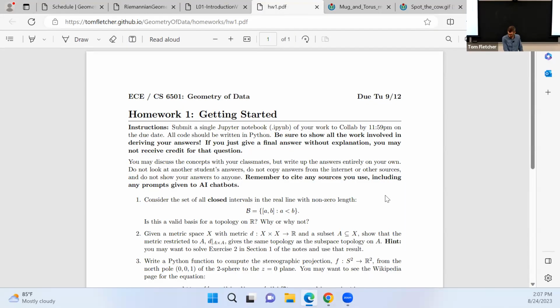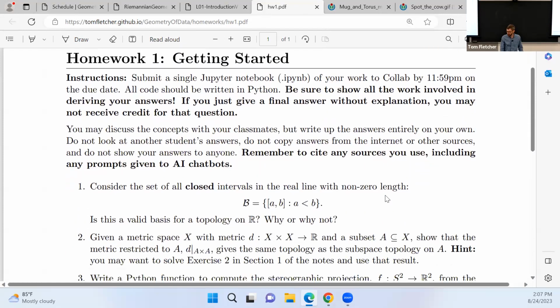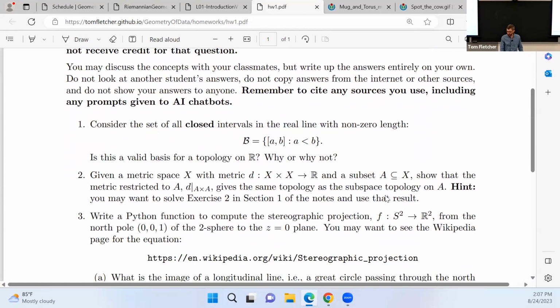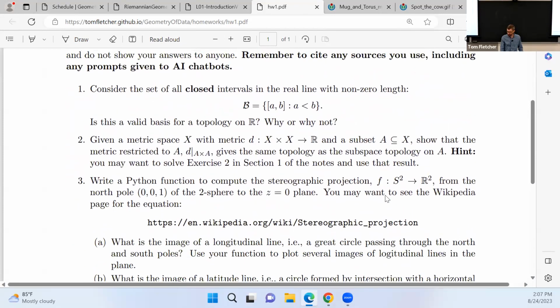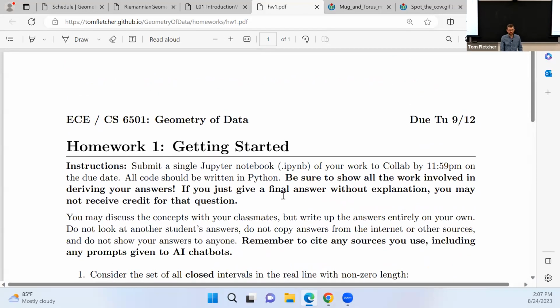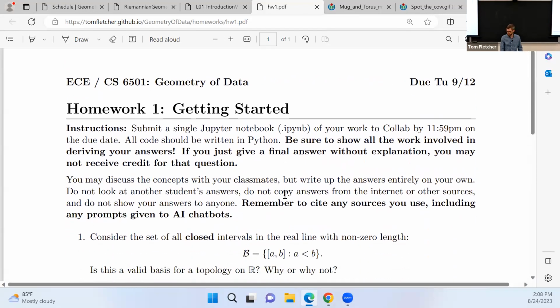There are some instructions here, but it's basically what we covered in the policies. Maybe I'll just reiterate this second part here. Basically, this first part in bold is to give enough explanation of your answers, not just a final answer.